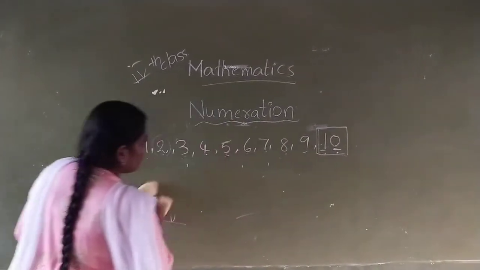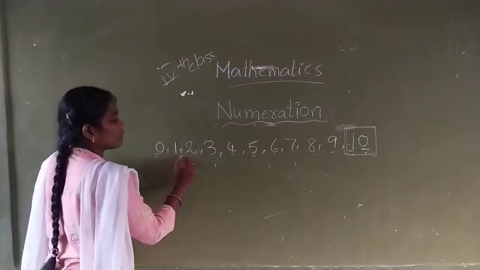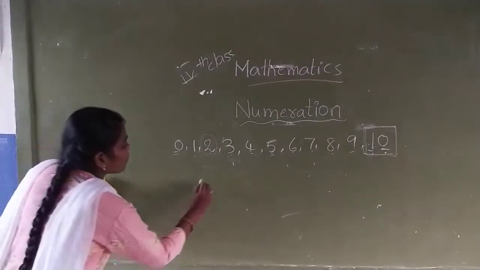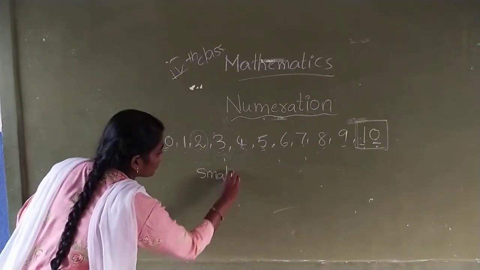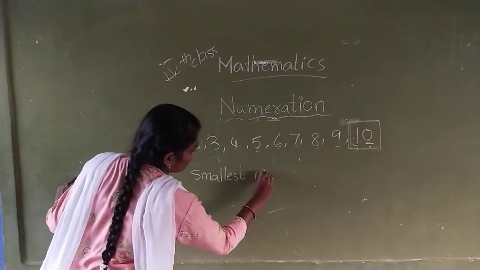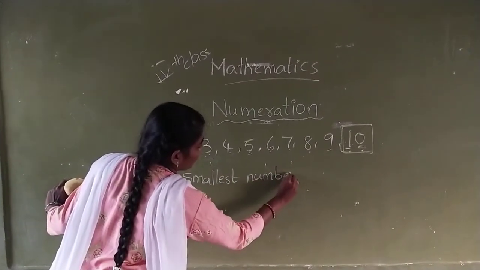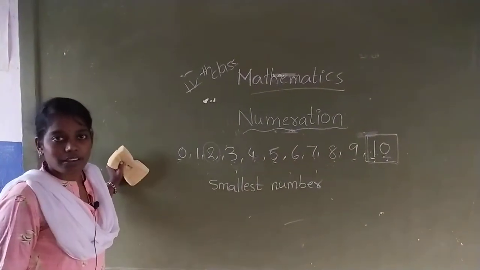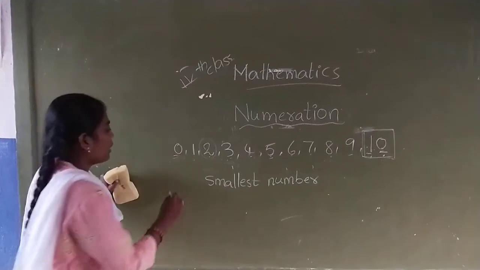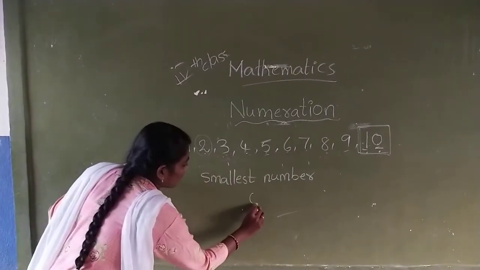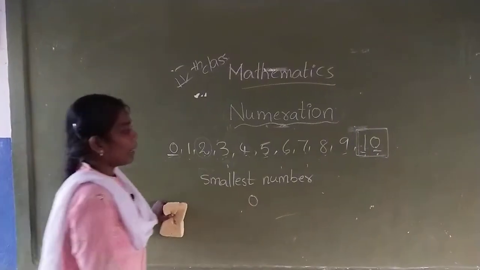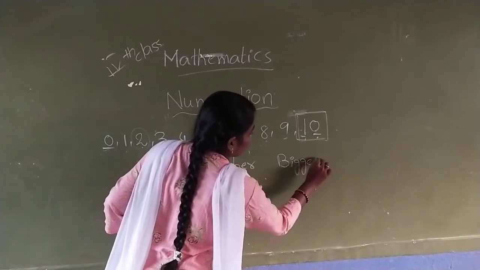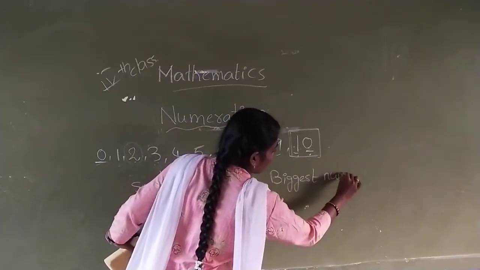Up to 9, these are called one-digit numbers. In these one-digit numbers, which one is the smallest one-digit number? 0 is the smallest one-digit number.